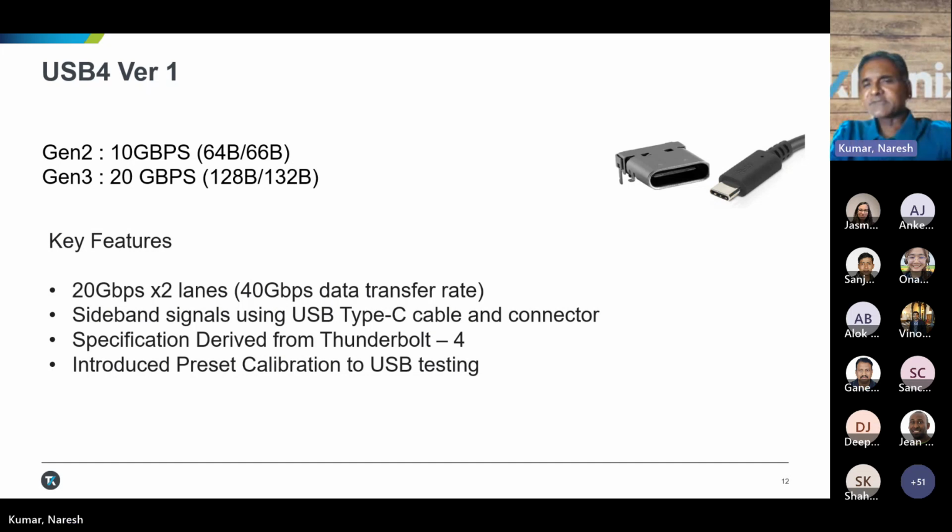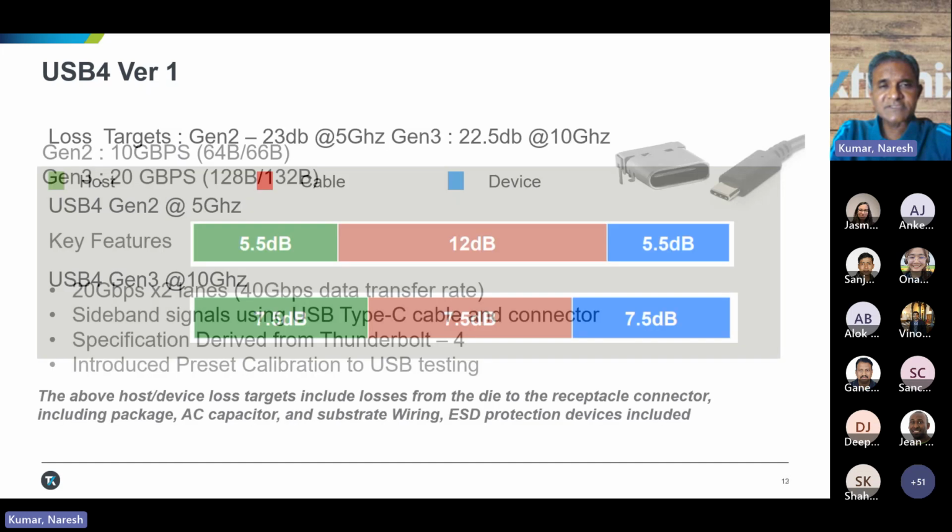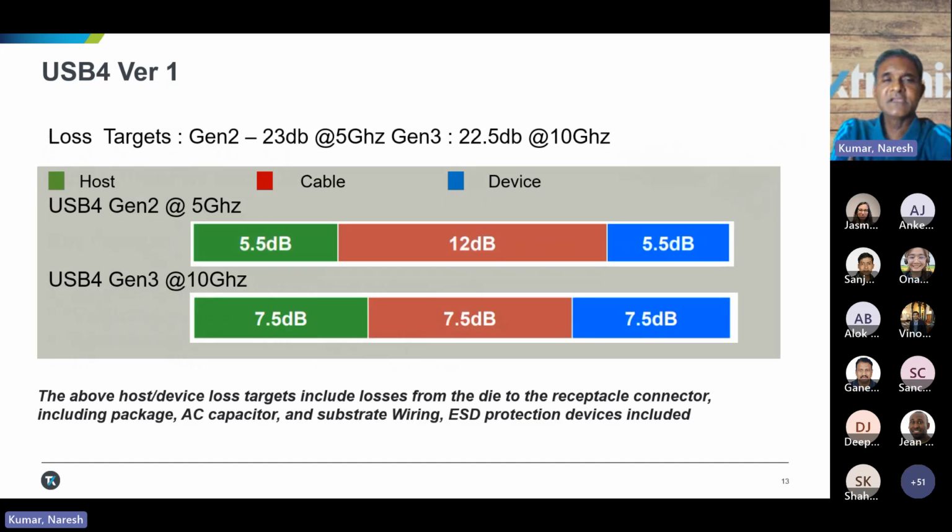Let me see, because we have covered some of the challenges in PCI Gen 6, I don't want to spend too much time on the specification, but this is a useful thing. If you see the definitions for loss targets, the USB definitions come from USB.org, and the loss targets for Gen 2, Gen 3 are all defined here, where a combination of losses in the host, the cable, as well as the device, the max permitted is defined.